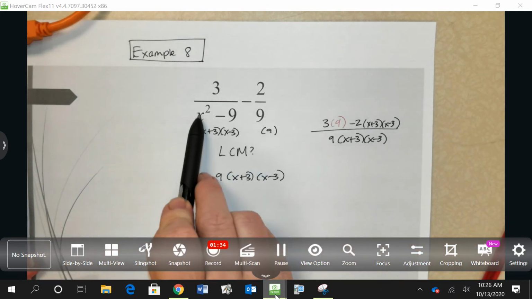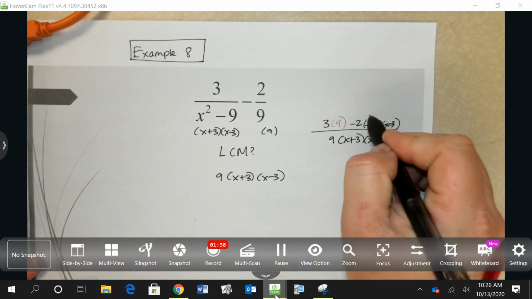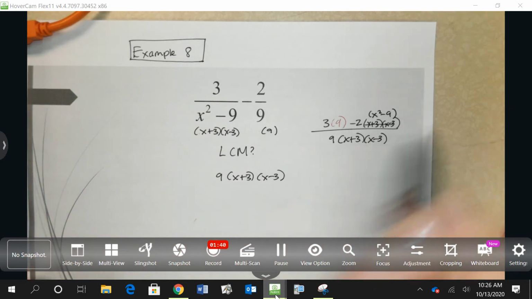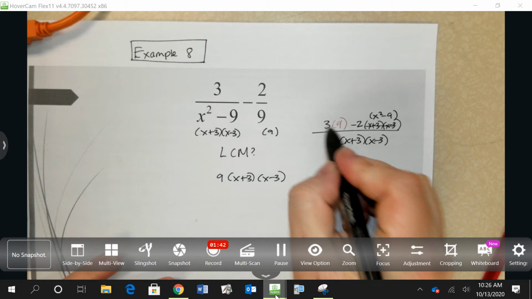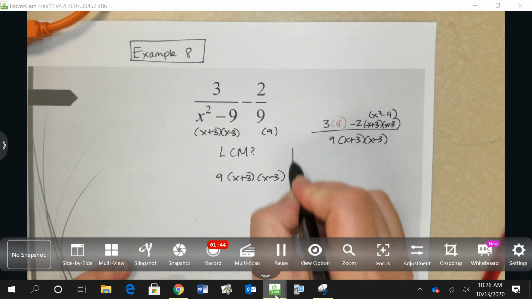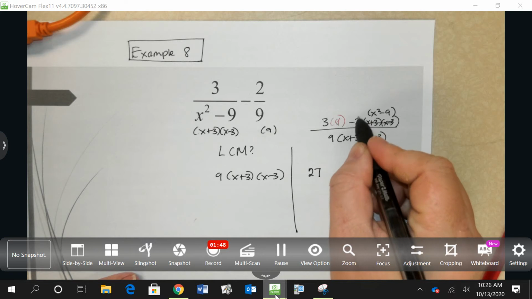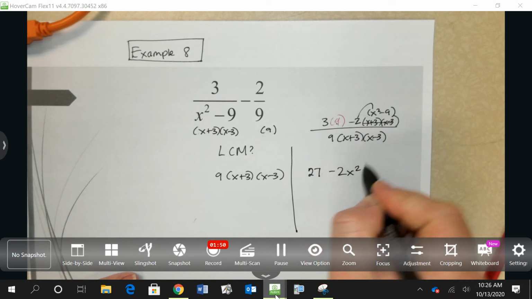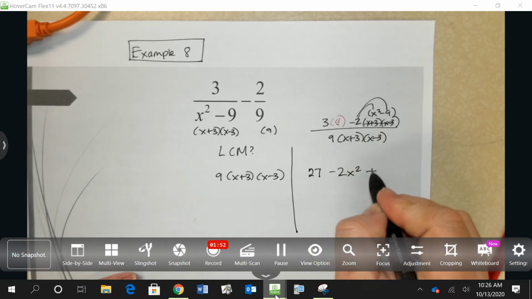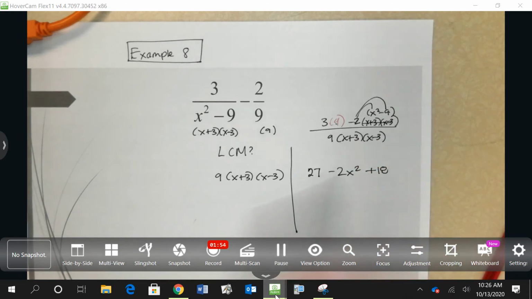But if you recognize x plus 3 times x minus 3 is really the quantity x squared minus 9. Okay, here we go. 3 times 9 is 27. And then I have negative 2 times this quantity and negative 2 times this quantity. Notice a negative times a negative is a positive.